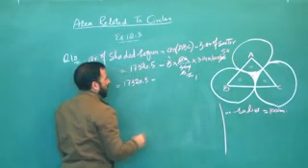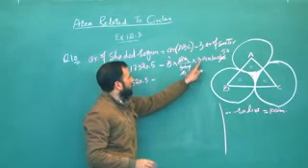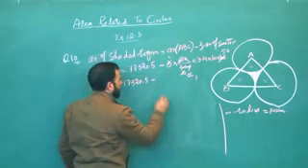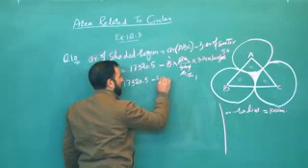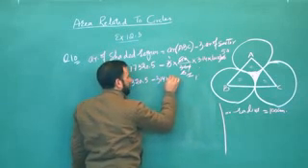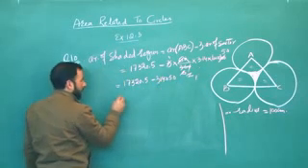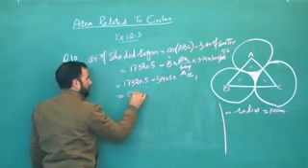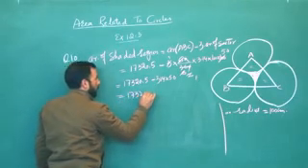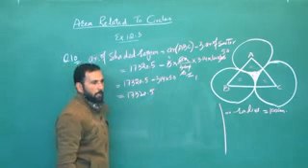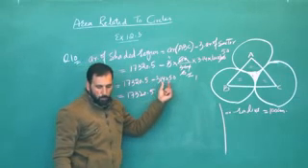So here we have minus 3.14 into 100 is 314 into 50. That implies it is 17320.5 minus 314 into 50.